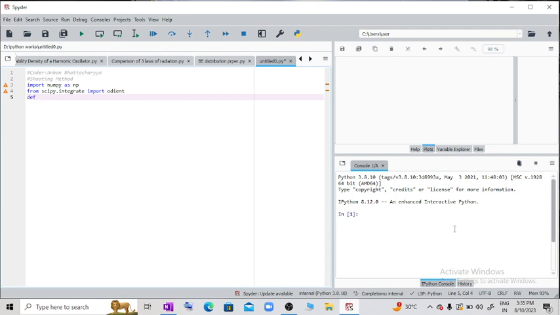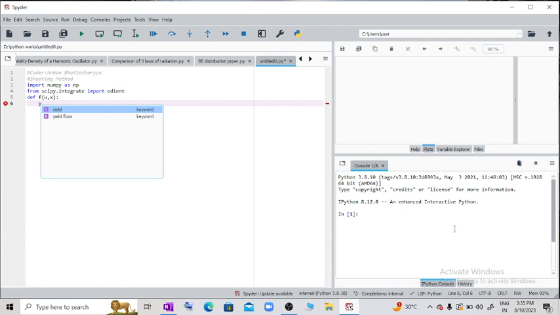So define f(u, x), with y and z, where u is the vector.